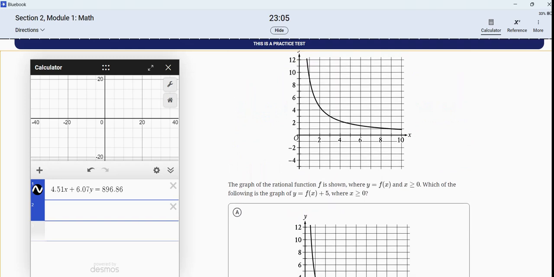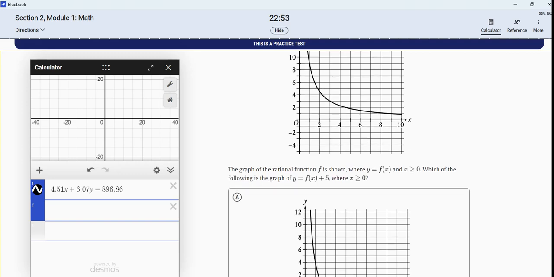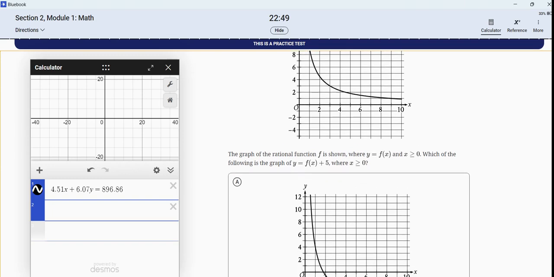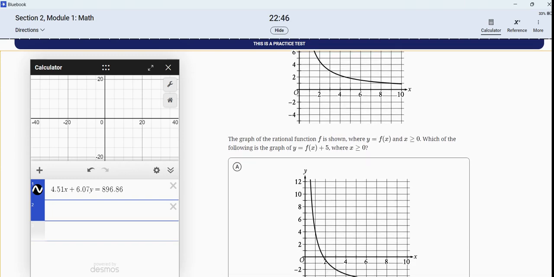The graph of the rational function f is shown, where y equals f of x, and x is more than 0. Which of the following is a graph of y equals f of x plus 5, where x is more than 0? So, they give us the graph here, and we just have to see which graph is moved 5 units up.